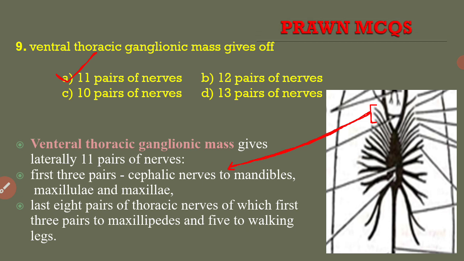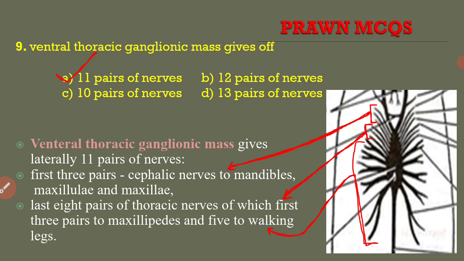While out of the last 8 pairs, nerve number 4, 5 and 6 are also thoracic nerves, having the connection with the maxillipeds. And the remaining 5 pairs of ventral thoracic nerves have the connection with the walking legs.